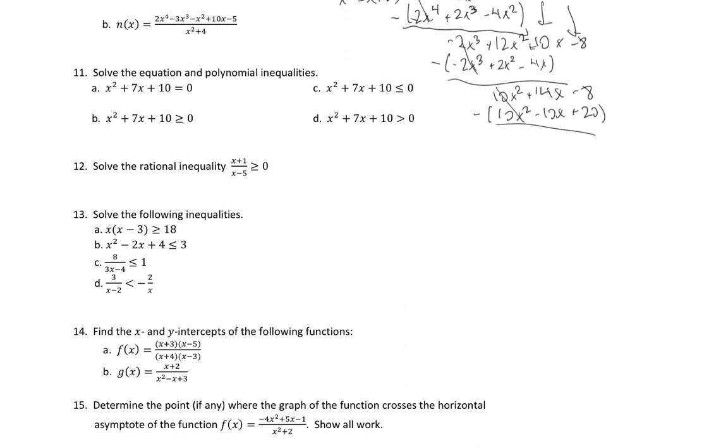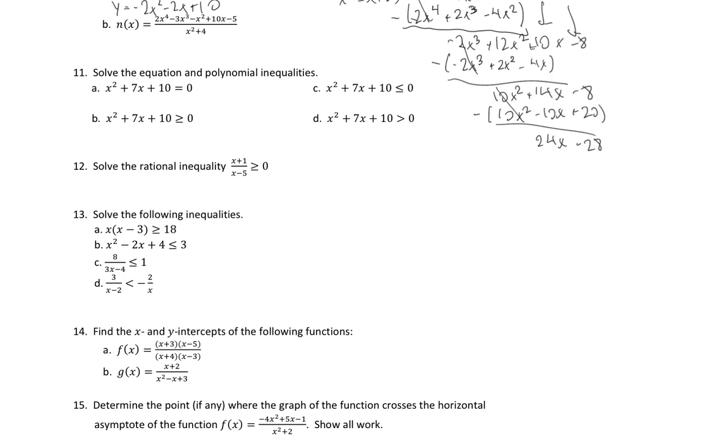These cancel. We'll get 24x, and we'll get minus 28. But our remainder doesn't matter. Our answer will just be this. So y equals minus 2x squared minus 2x plus 10.